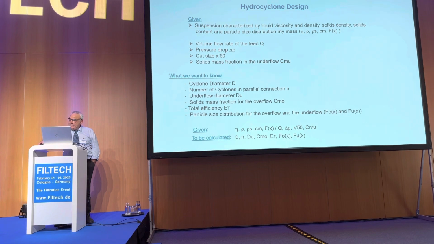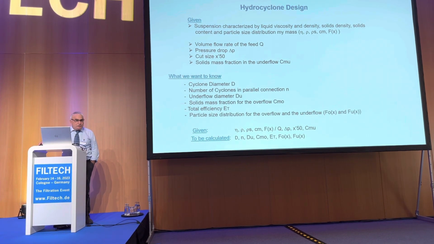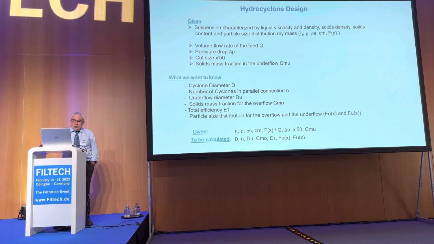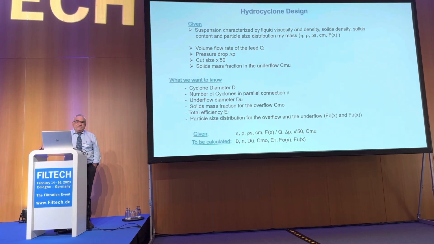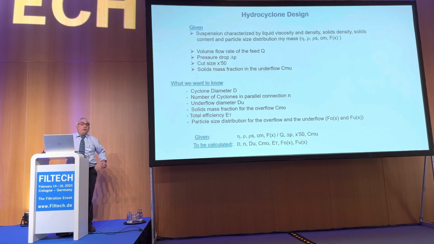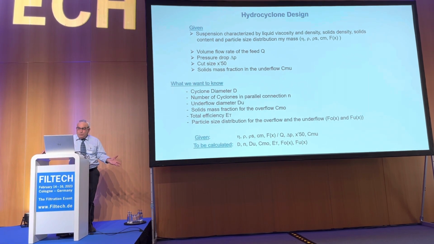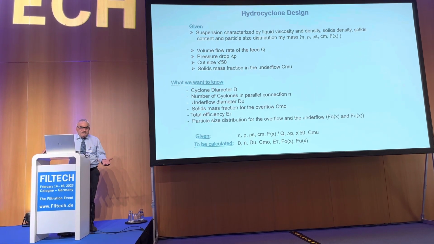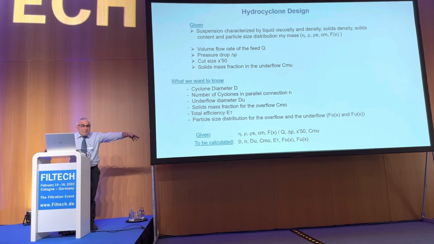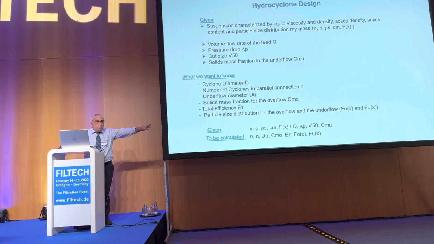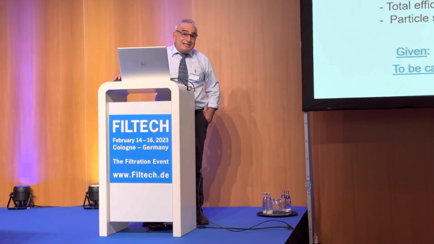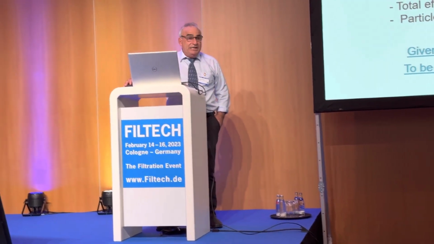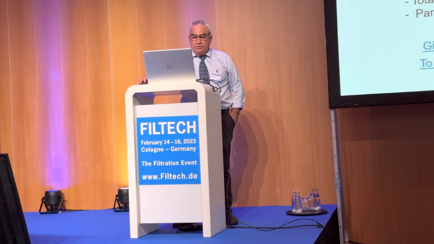What is again the number of cyclones in parallel connection? What is the underflow diameter of the apex? What is, for example, the solid mass fraction in the overflow? What is the total efficiency? That means mass of solids in the underflow over mass of solids in the feed. What is the particle size distribution in the overflow and in the underflow? Yeah?